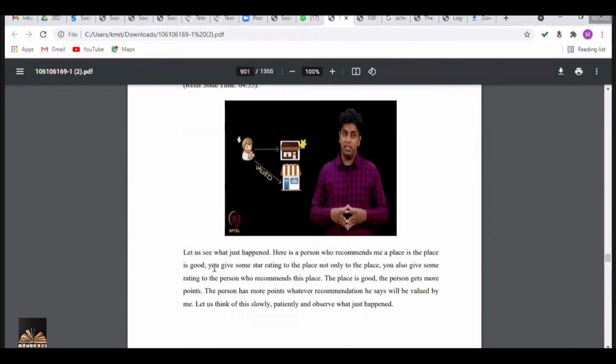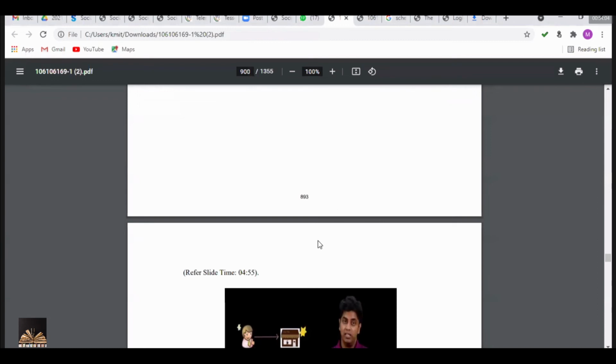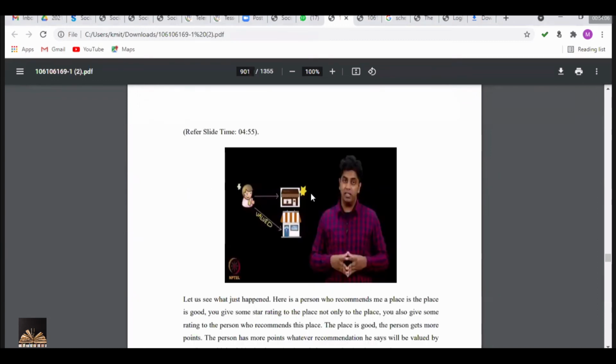Right. See, normally how this can be given is, I have a person, and this person is giving some reviews to the hotels in a place, right? So if this person is giving good references, this person is valued, because this person is referring to that restaurant, and the restaurant's value will also be valued.